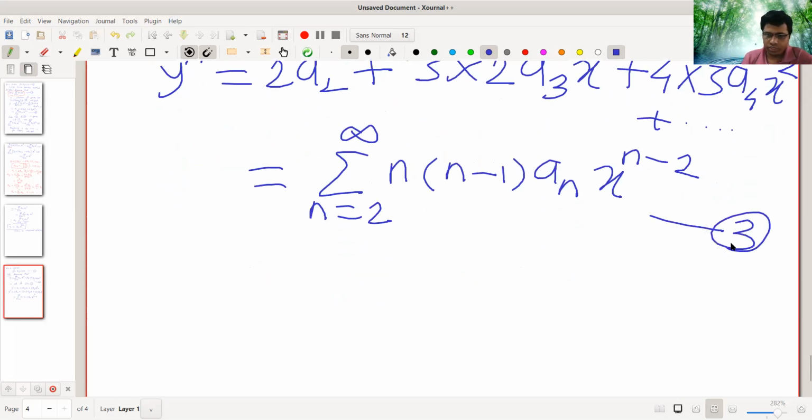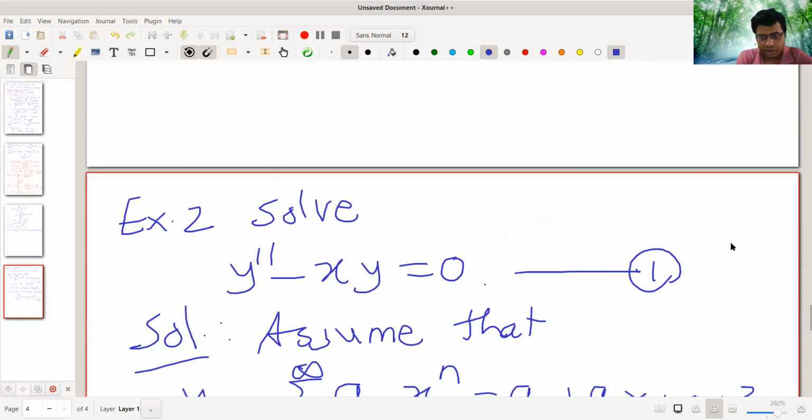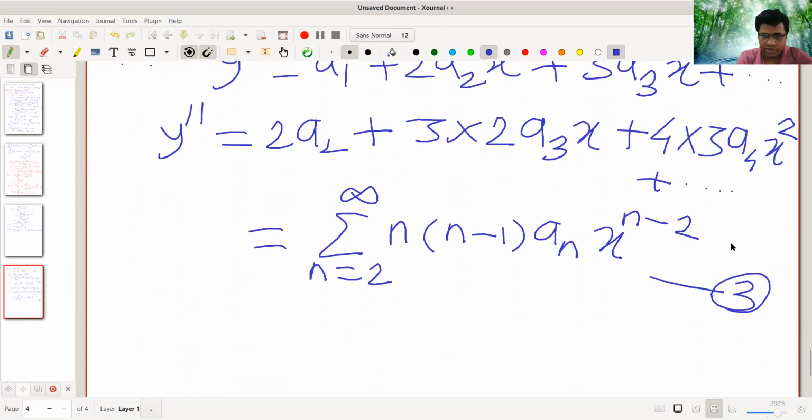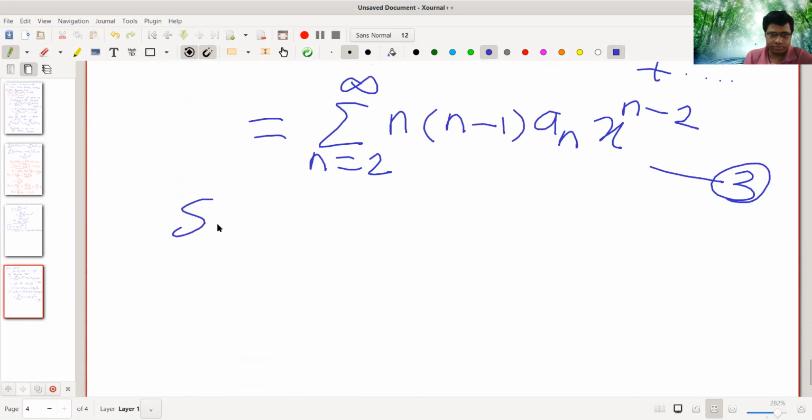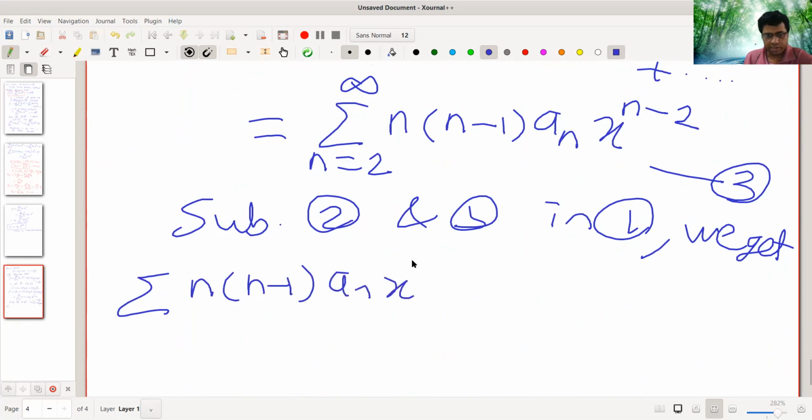This is 3. We substitute 2 and 3 in 1. Equation 1 is y double dash, so we have summation n minus 1 into n, x raised to n minus 2, n from 2 to infinity.